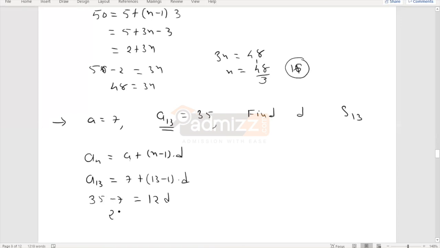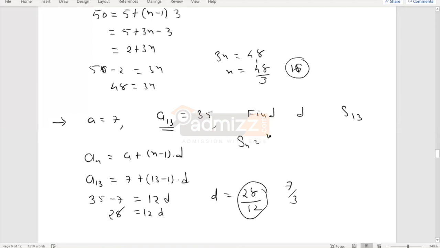35 minus 7, 28, equals 12d. Therefore, d equal to 28 divided by 12. Now simplify: 7 by 3. Now you can find S13 using the difference d equal to this.